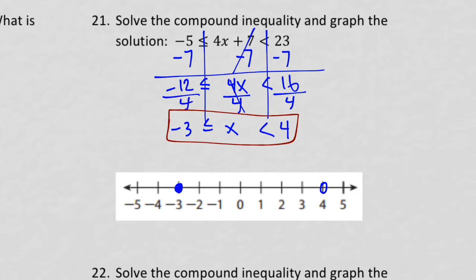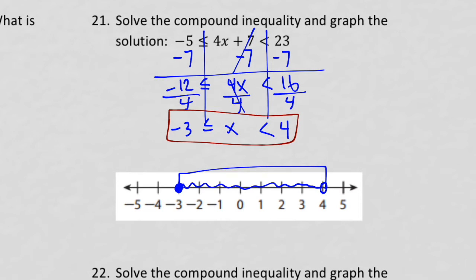The other one's going to be open because there is no equal sign there, see? So we're going to leave it like that. And finally, for all and inequalities that look like this, you're always going to shade in between the two numbers. So we're going to shade in between the -3 and the 4. You can choose to shade like this, or some people choose to do this. It's the same thing.